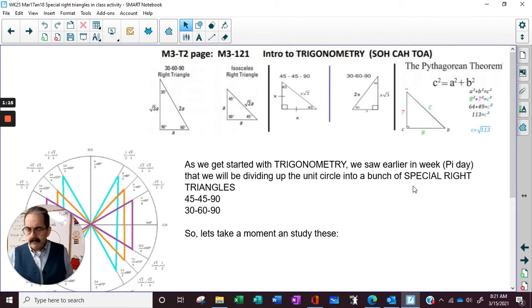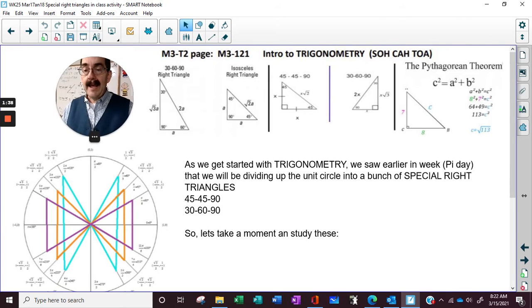Okay. On your mailer, on the back of the first page, are these identities. 30, 60, 90 has a relationship, and this 45, 45, 90 has a relationship, and we get all those from the Pythagorean Theorem. A squared plus b squared equals c squared.